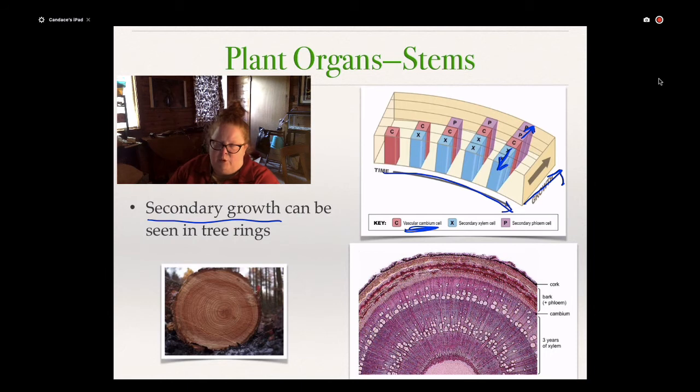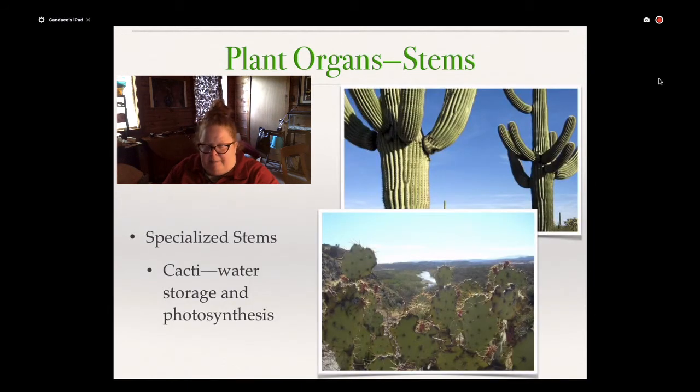All right, now, there are some plants that have stems that are special, meaning that they don't necessarily do what we typically think of as the functionality of stems. An example of that are the stems of cacti. So cacti stems act to store way more than other plants do in terms of storage.